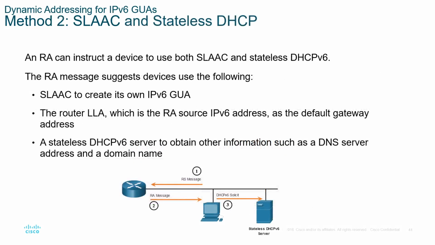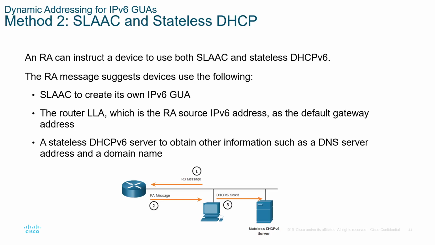Now, the router advertisement can instruct the device to use both SLAAC and stateless DHCPv6. Now, if SLAAC is used, it will just basically do its thing and create the address itself, and that's all.